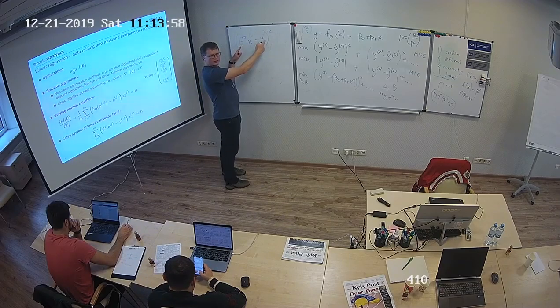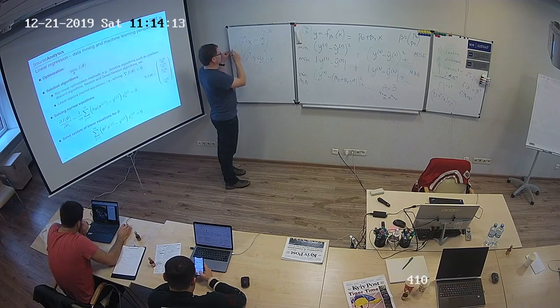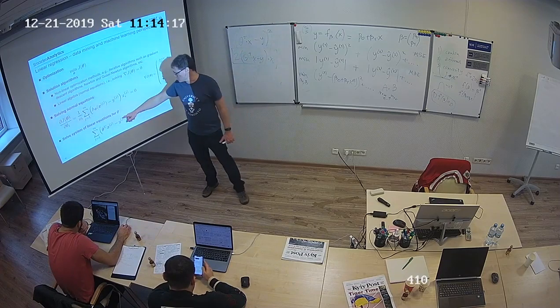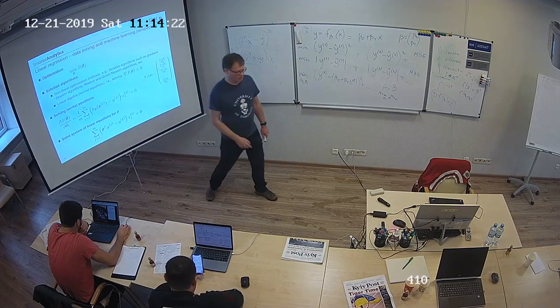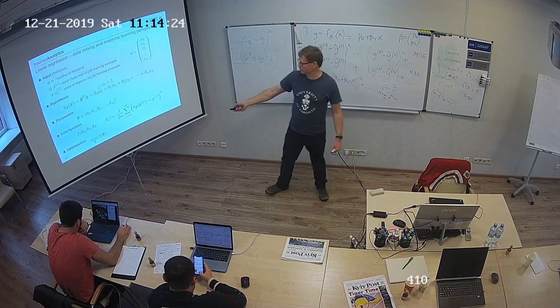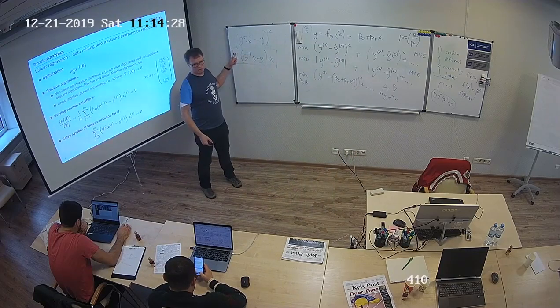This quadratic function, its derivative is going to be 2 multiplied by this function itself. Now we need to multiply it by the derivative of this term with respect to theta, which happens to be x. That's all we do for the derivative, and that's what we get in our more complex notation. And because we have 2 in our loss function, 2 and 2 will cancel out, and we don't have 2 anymore.